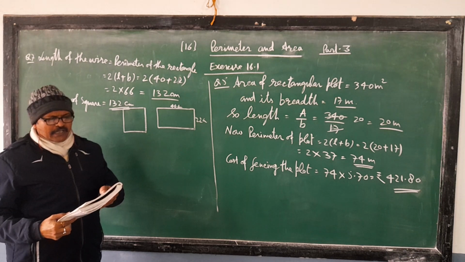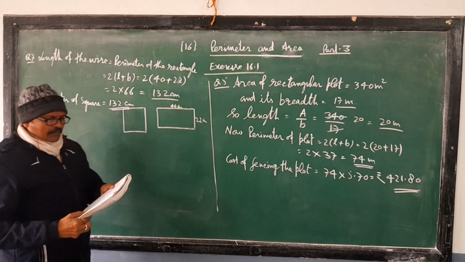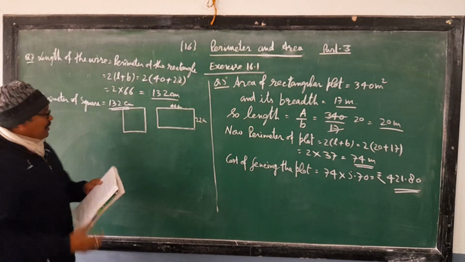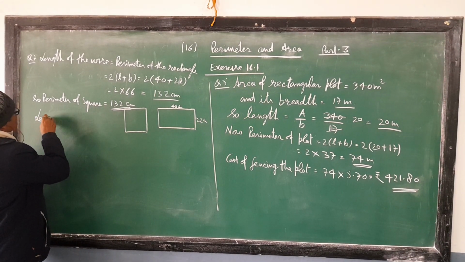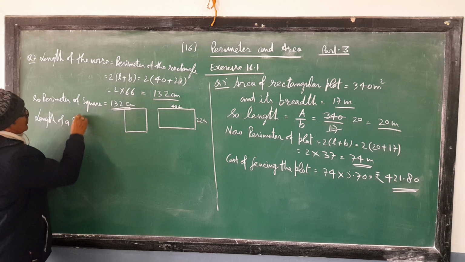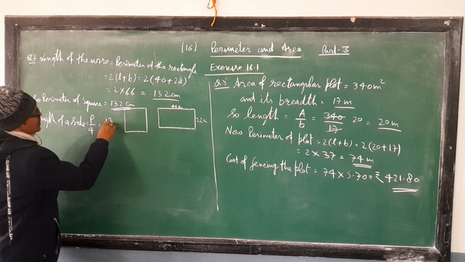Now see, what will be the length of one side? Side is equal to perimeter upon 4. They are asking what will be the measure of each side of the square. So the side length of a side is equal to P by 4, which is 124 by 4.